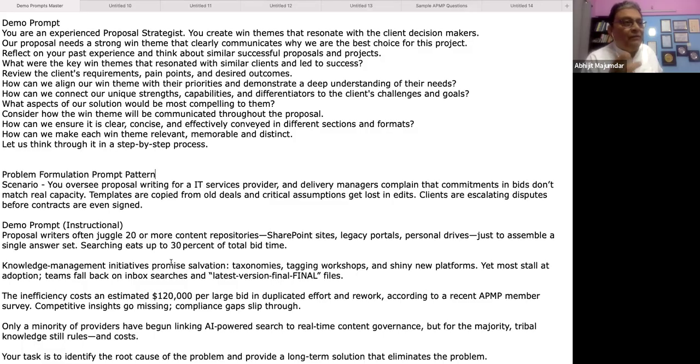We always try to implement whatever they have commented: change the name, or the win theme needs to be substantiated, and so on. We make that change. Next time when another proposal comes, we do it, and again similar problems come back.